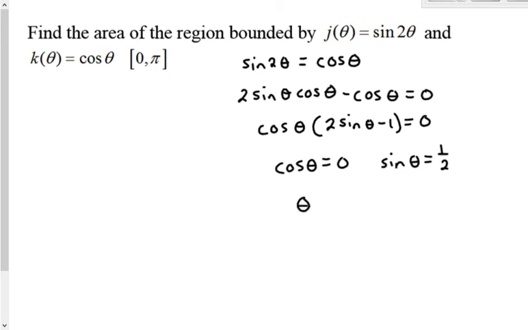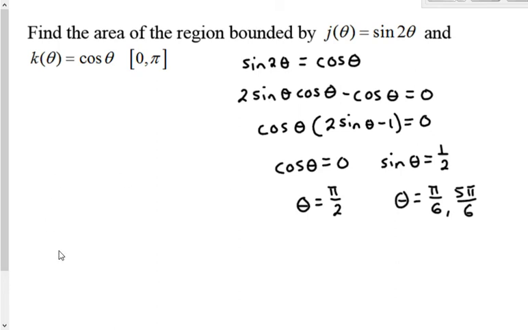Well, cosine equals 0 at pi over 2. Right? Also at 3 pi over 2, but 3 pi over 2 is not in between 0 and pi. Now, sine equals 1/2 at pi over 6 and 5 pi over 6, which are both in between 0 and pi. So this is another one where there's 3 places where they're equal, so that tells me there's 2 regions.